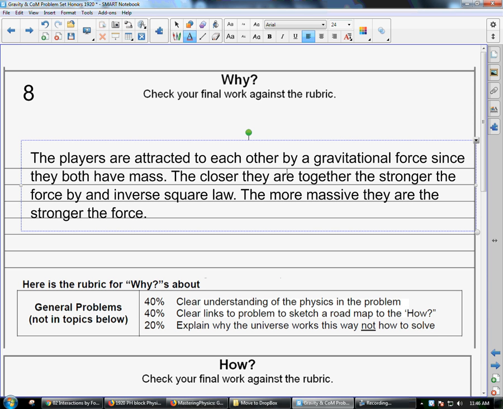And then in no way did I say, I'm going to solve it this way. I've got in there that the universe works this way because gravity is created by mass. That's clear. But I didn't say I'm going to use the universal gravitational equation and put in all these numbers. You wouldn't do that in the Y. No equation ever in the Y. If you ever find yourself writing an equation, take it out of there.